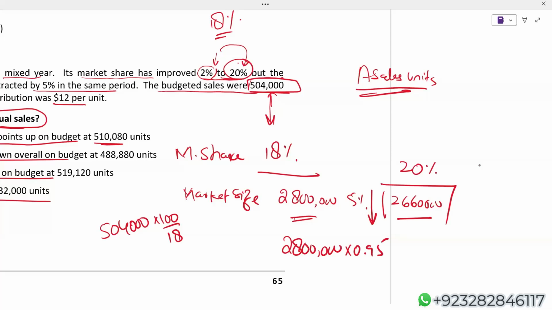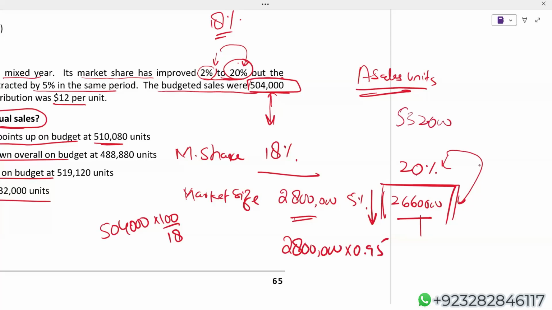And now our market share is 20%. Now the entire market has reduced by 5%. So now the new market size is 2,660,000 and we have got 20% share. So 20% multiplied by 2,660,000 will give us 5,32,000 units.